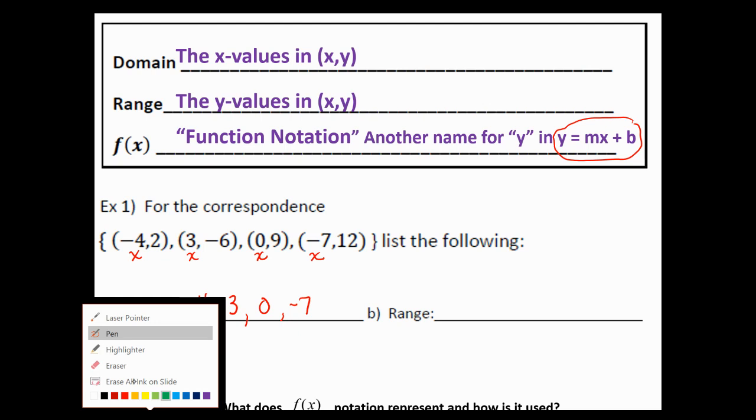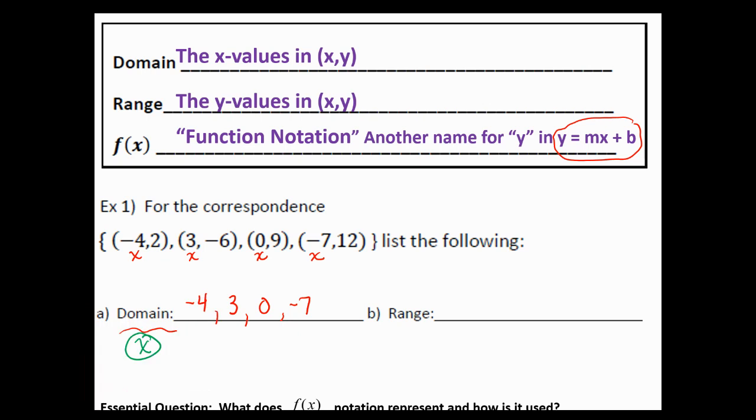And then the next one, they just want you to list out the range. So that would be the y values. So that would be 2, -6, 9, and 12. Because all the range represents is the y values. That's it. Nice and easy.